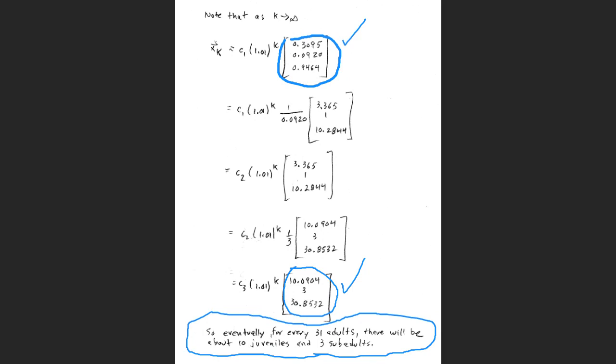And we can actually find the percentages of each class in what we call the stable population, the steady state population.